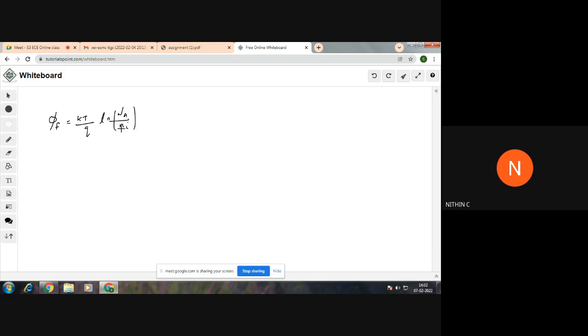This was the expression for finding the value of phi f, and this would be 0.026 ln of Na value 5 into 10 raised to 16 divided by 1.5 into 10 raised to 10. Okay. What was the answer that you got?